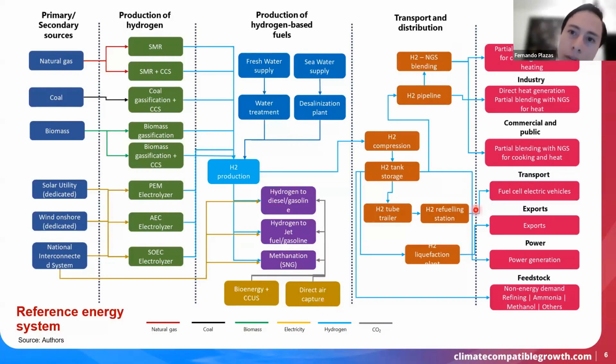After that, we have the different methods for hydrogen transportation and distribution, which essentially is compression plus storage if required. Then we can use trailers for transport, or we can use pipelines. In the case of exports, the most promising option could be liquefaction.